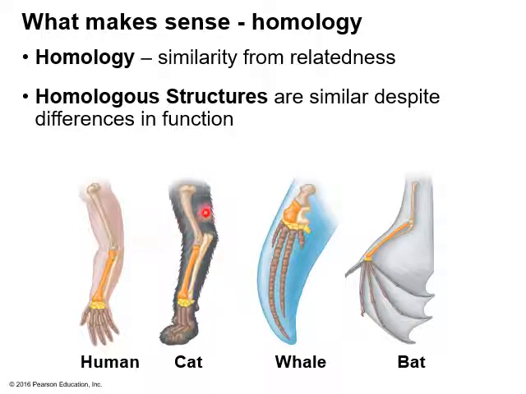A cat walks on its 4 limbs. A whale uses its 4 limbs for swimming, and a bat uses them for flying. So even though we use those limbs for different things, the structure of those limbs is very, very similar simply because we are closely related to these things. All of these things here are mammals and are closely related to each other.